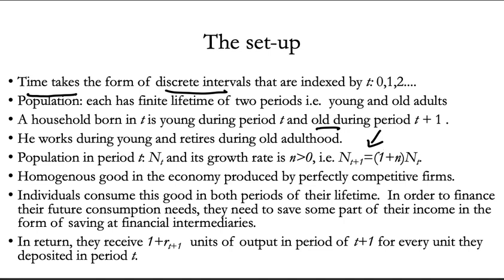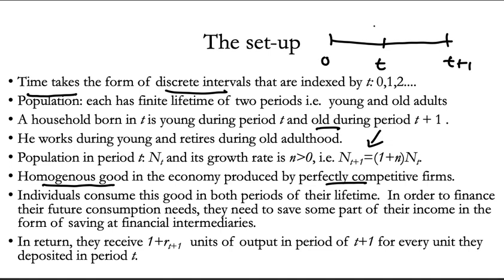Now in the economy, we have perfectly competitive firms, and these firms produce a homogeneous good. After being produced, this good will be consumed by individual households in both periods of their lifetime. So, like I said just now, the person lives two periods of life, starting from 0 to t when he is young, and then up to point t plus 1 when he becomes old, and at the end of t plus 1 he dies, for instance.